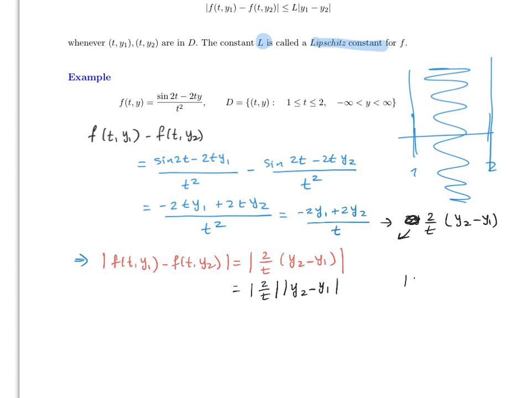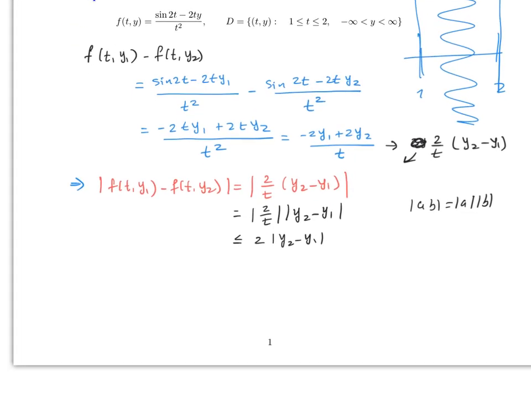Remember that the absolute value of a times b is equal to the absolute value of a times the absolute value of b, and this is less than or equal to 2 times the absolute value of y2 minus y1. Remember t is between 1 and 2, so that implies that 2 over t has to always be less than or equal to 2.